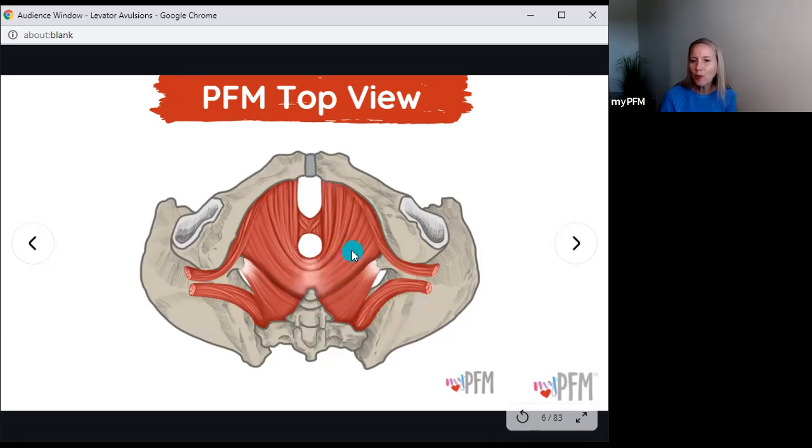Now, it's really important, I think, to understand some of the anatomy here. So you have muscles that are more on the inside here. They attach to the pubic bone, and then they sling back around and attach to the tailbone. And then you have muscles that attach more out to the side and stretch around. And then you have other muscles that aren't necessarily represented in this diagram.